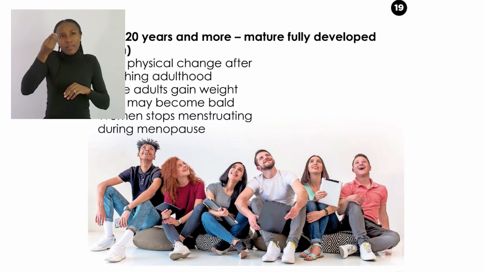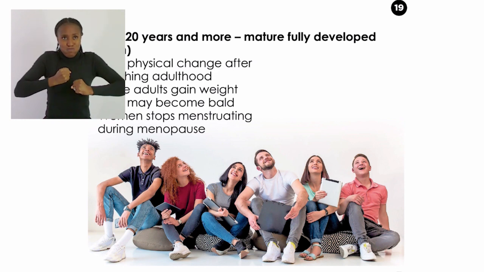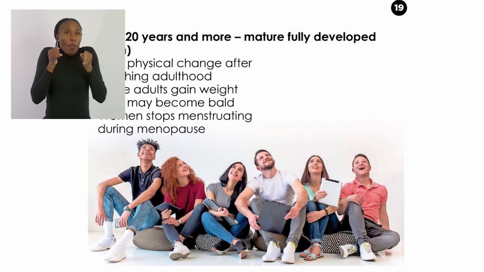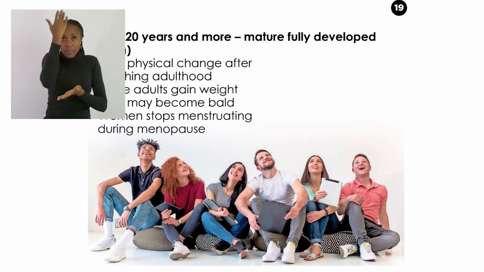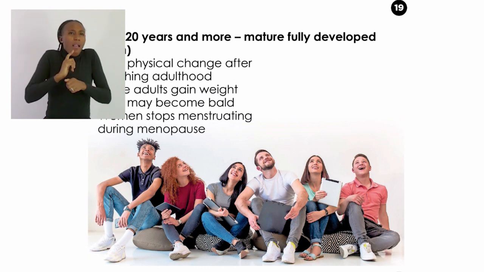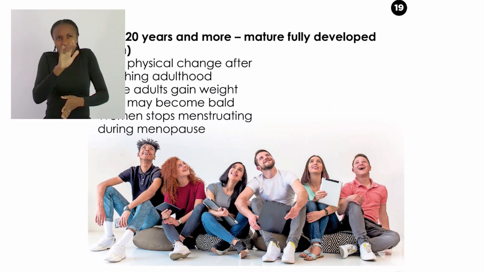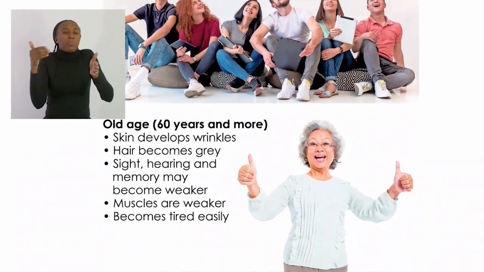The only thing that normally changes with them is the body size. Either become bigger, a little bit small. Okay? Men may become bald, and at some stage also, women stop menstruating during menopause. Some of these things we are also going to learn deeper about as time goes.